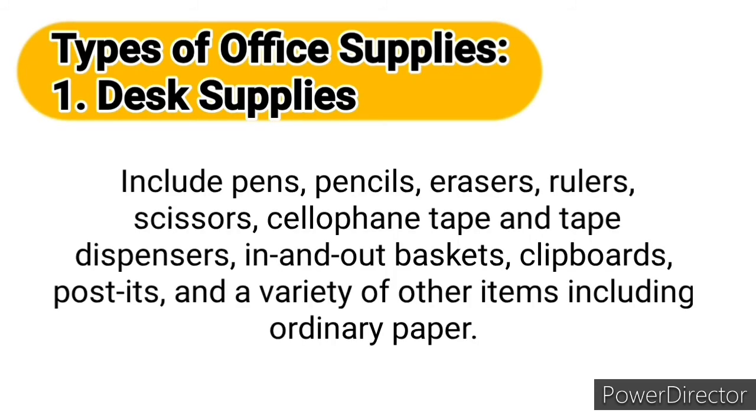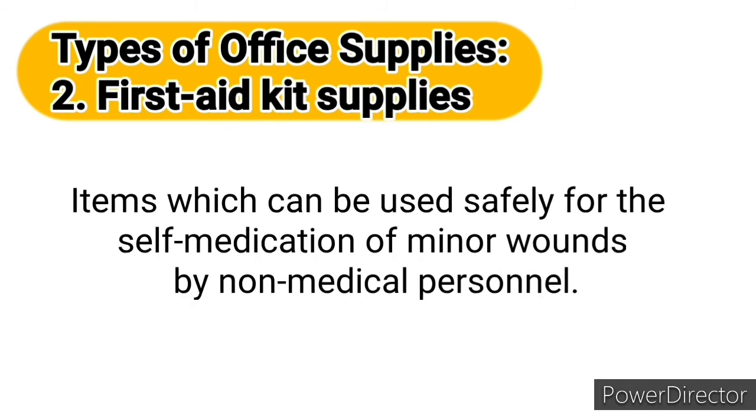First is the desk supplies. Desk supplies include pens, pencils, erasers, rulers, scissors, cellophane tape and tape dispensers, in and out baskets, clipboards, post-its, and a variety of other items including ordinary paper. The next one is the first aid kit supplies.